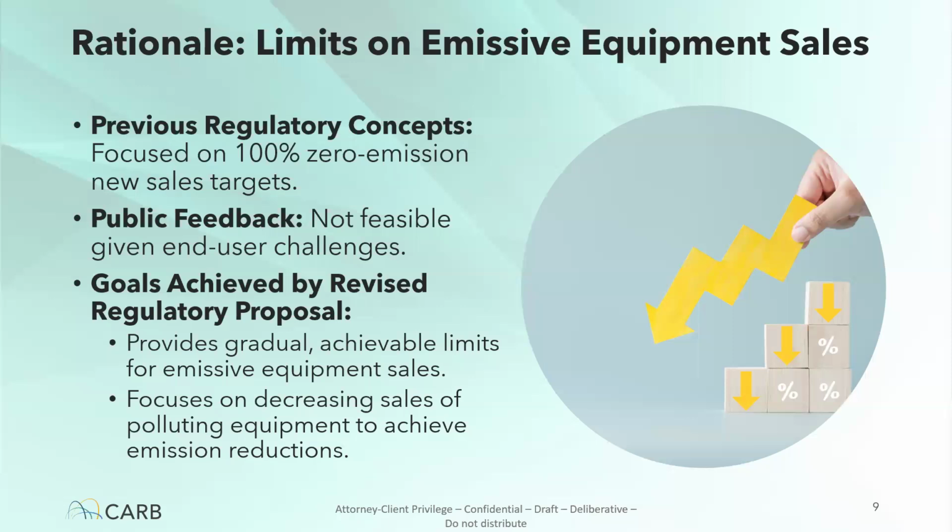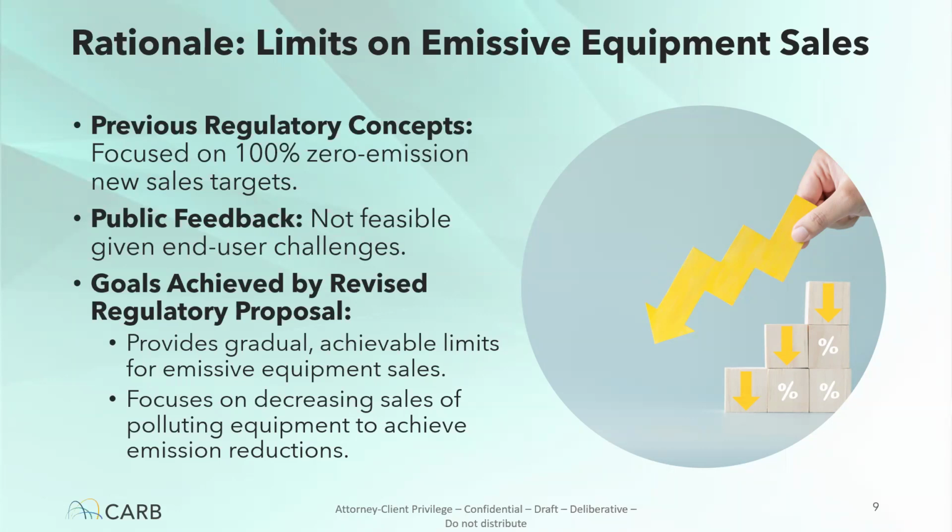So we did conduct a building retrofit assessment as well as an equity analysis that evaluated some of these challenges, and helped really to inform the development of the emissive sales limits that we're talking about today. You'll hear more about those supporting analyses after we share an overview of the revised proposal.